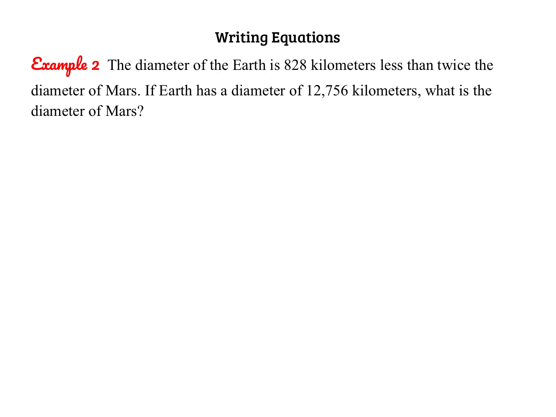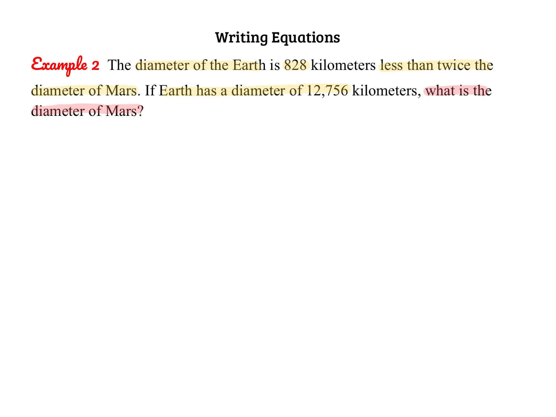So this says the diameter of Earth, I'm going to highlight important information, is 828 kilometers less than twice the diameter of Mars. And then it says Earth has a diameter of 12,756 kilometers, and they want us to find what is the diameter of Mars.